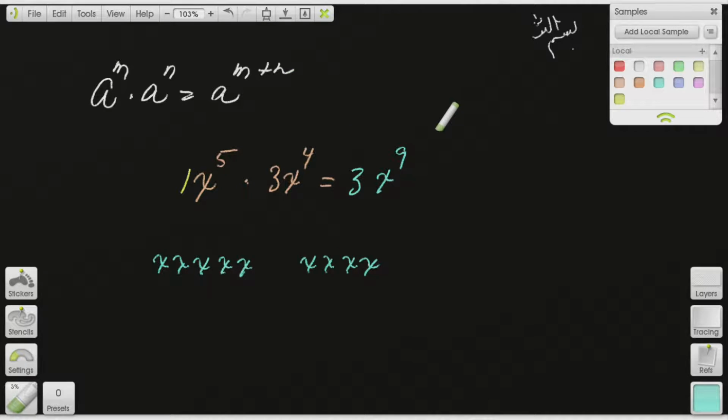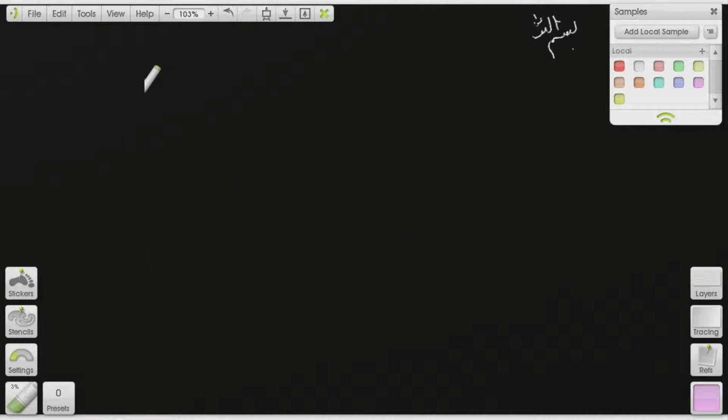Okay? So let's do another example. I have 2x to the 4th times 5x squared. Now this is going to be what? 10x to the 6th. 2 times 5 is 10x to the 6th. Okay, let's do this one.